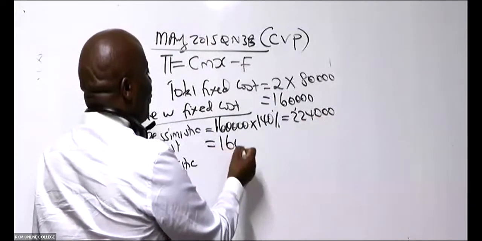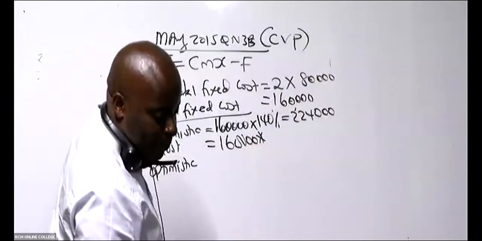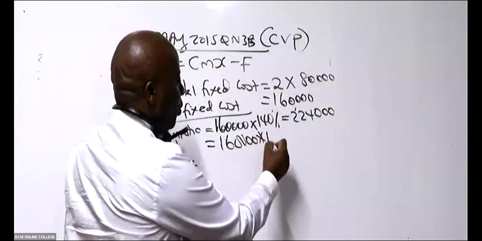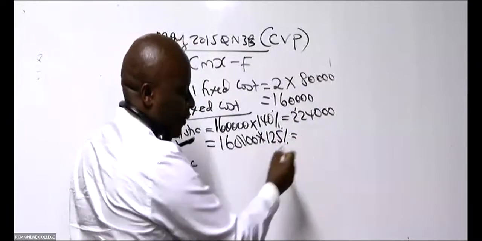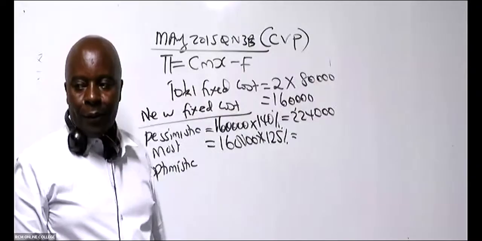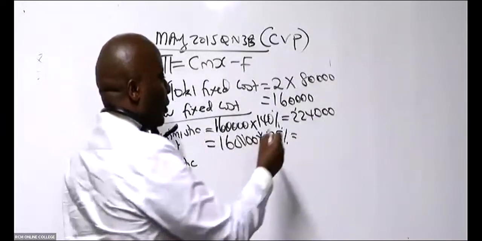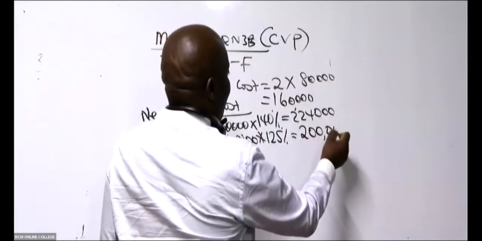Most likely, they have told us that this fixed cost will be increasing by what percentage? 25%. So the new one will be at 125%, which is 200,000.